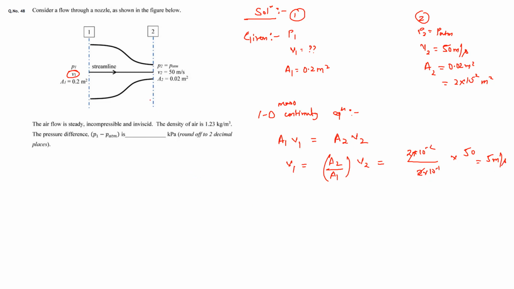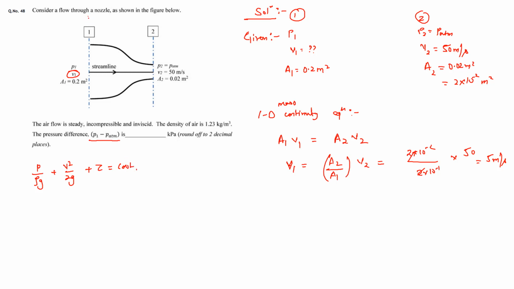So now, since we know V1, we are in a position to calculate this P1 minus P atmosphere. How? Let's apply our Bernoulli's principle, which says that P over rho g plus V square over 2g plus z is a conserved quantity.